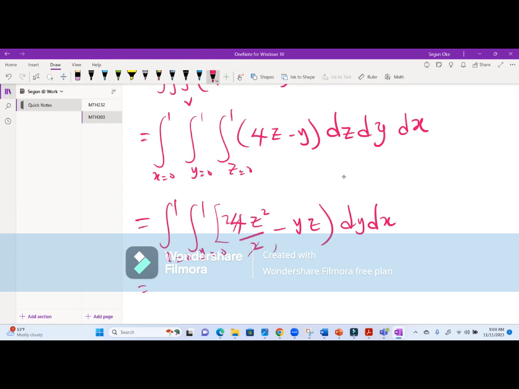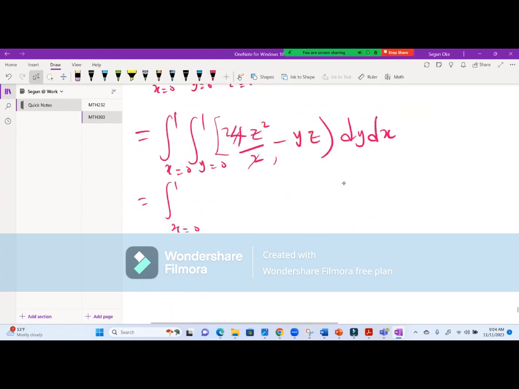So we have the integral of x from 0 to 1, y from 0 to 1, of 2z squared minus yz, dy, dx.